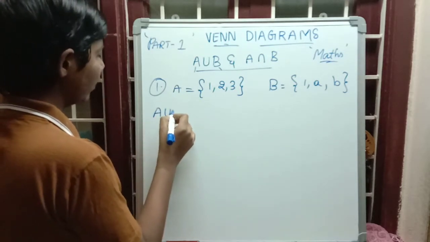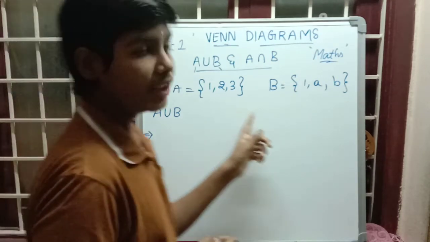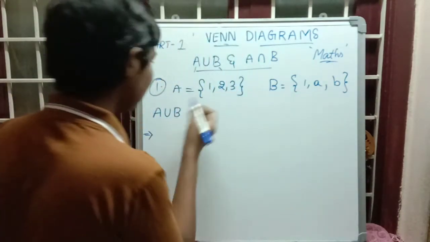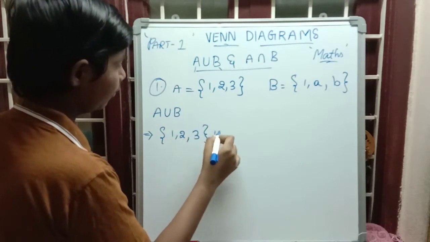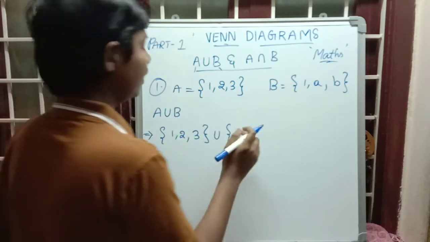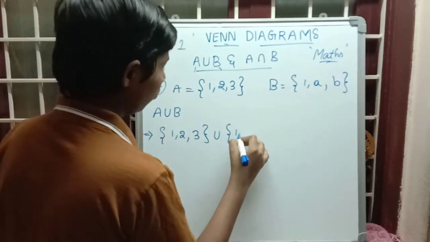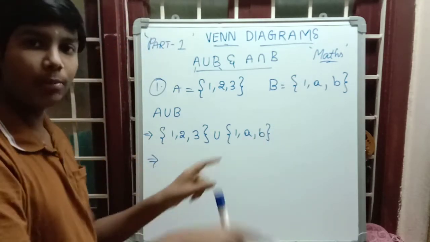A union B. How will we do it? First we write set A, 1, 2, 3, then the union symbol, then set B, 1, a, b. Union means all together.